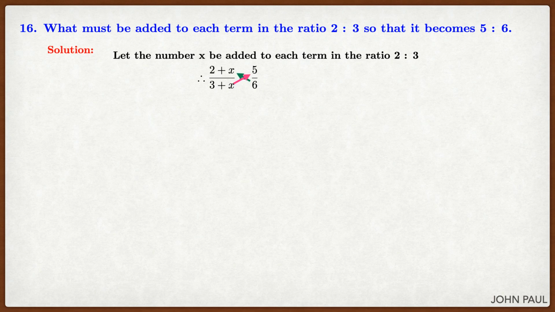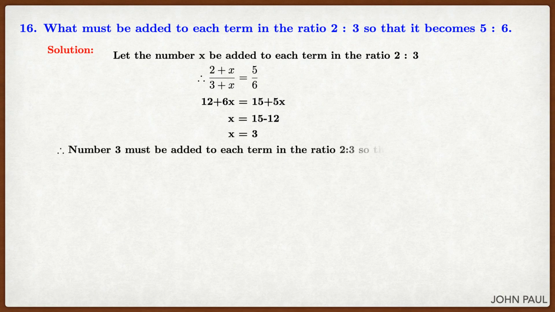Now by cross multiplying, 12 plus 6x equal to 15 plus 5x. By simplifying, we get x equal to 15 minus 12, that is x equal to 3. Therefore, the number 3 must be added to each term in the ratio 2:3 so that it becomes 5:6.